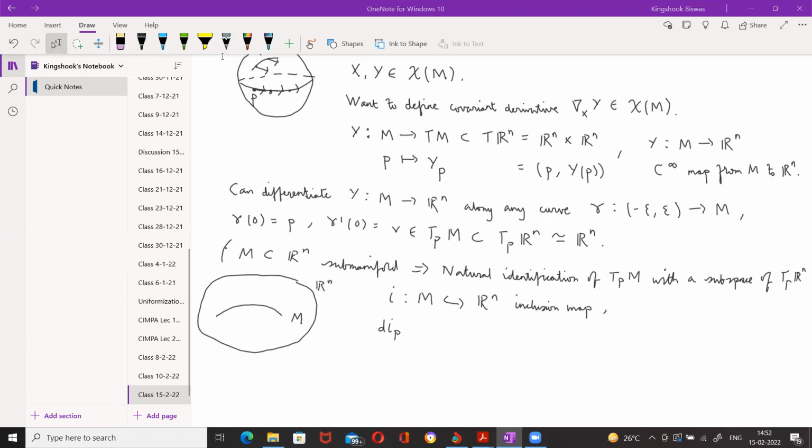Local immersion. So what is your question, Bappa, exactly? You're saying that the tangent space can be identified if you have a local immersion, right? That is correct. If you have an immersion, then locally the tangent space can be identified with a subspace of the tangent space to Rn. That's correct. Yes.